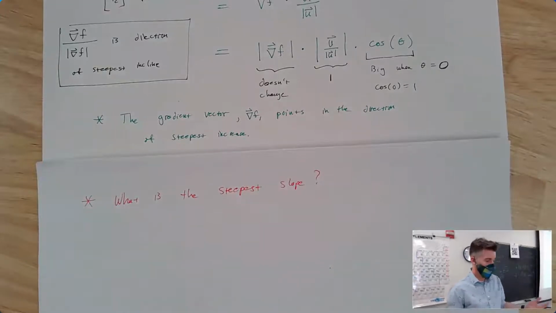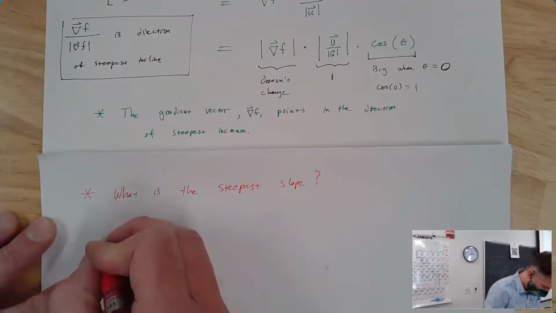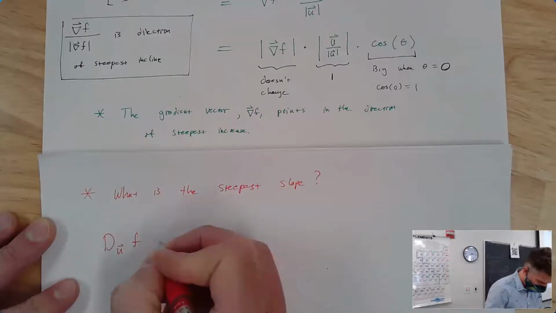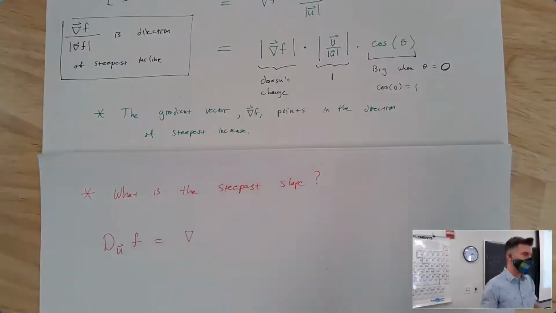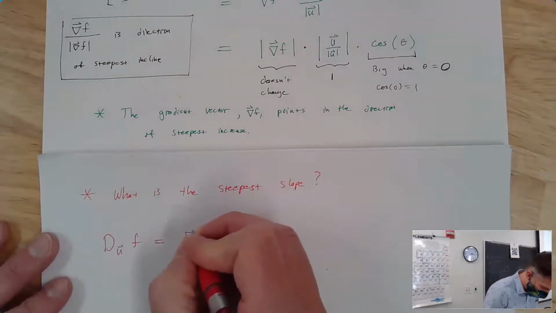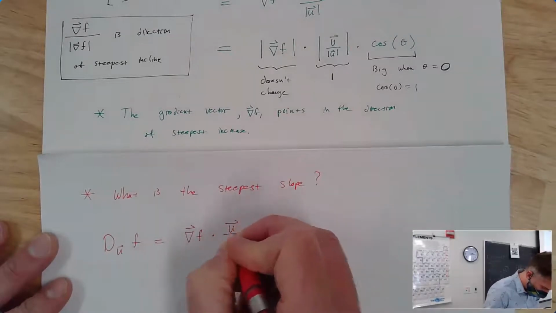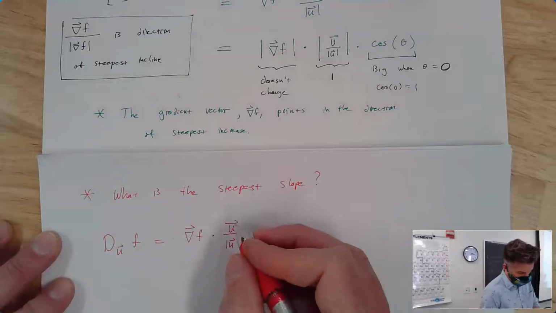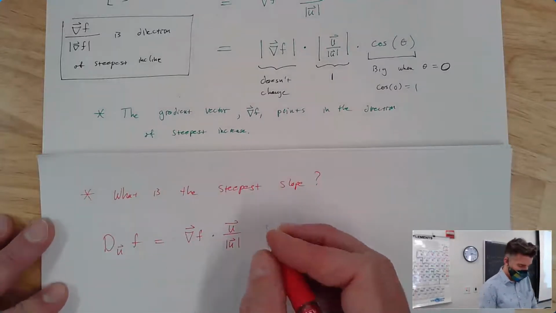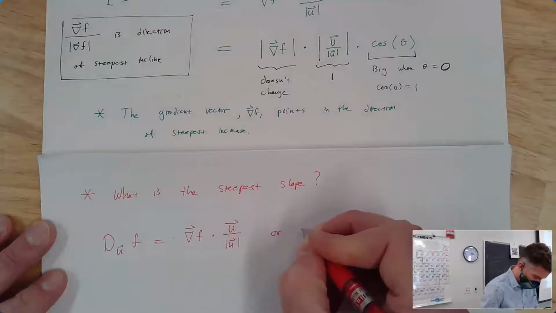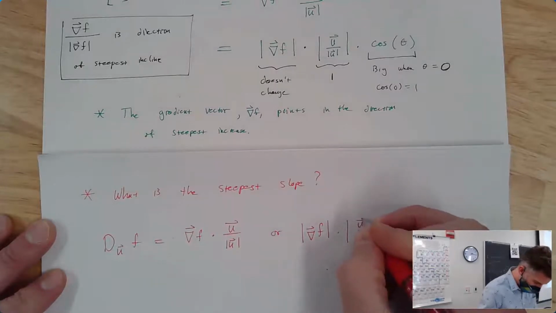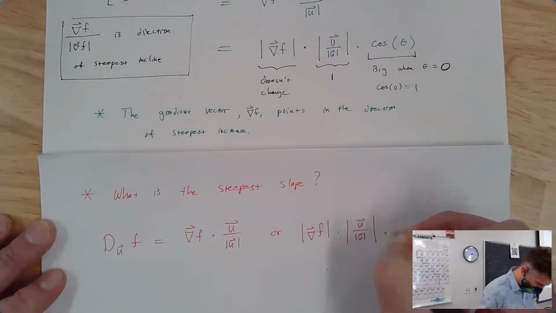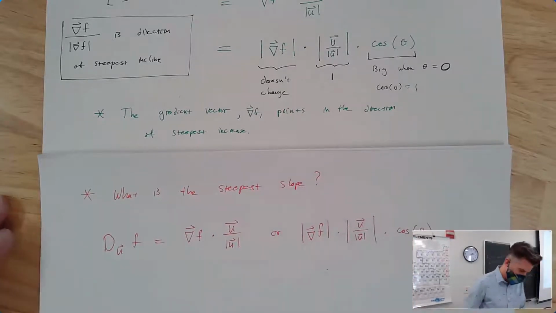Well, we know the direction has to be the direction of the gradient. So if I'm going to calculate this, I could do it the more normal way, where I'm doing the gradient vector dotted with the vector normalized to be a unit vector. But again, think of it as the magnitude of the gradient times the magnitude of this unit vector times cosine of the angle. We already know the answer.